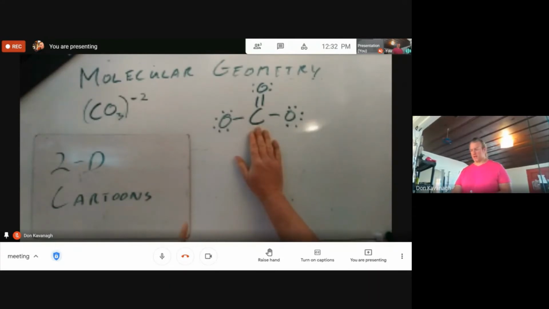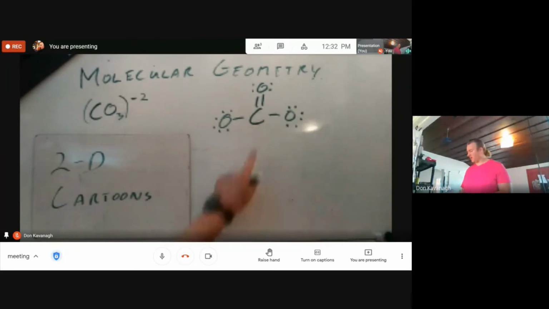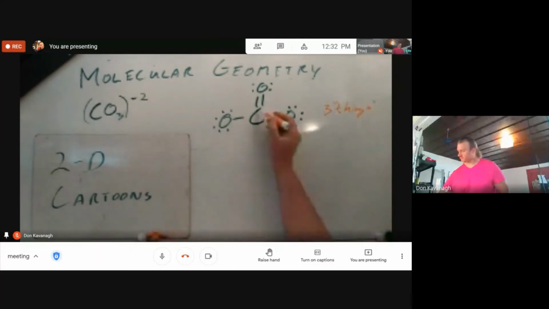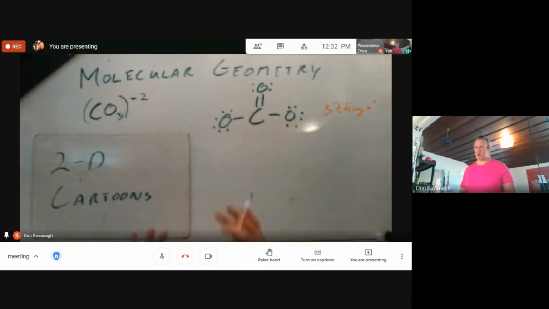Now, this central atom carbon has its octet, but we want to note that it has 3 things surrounding it. 1, 2, 3. I'm being very broad with that counting and very general. I'm not counting bonds.